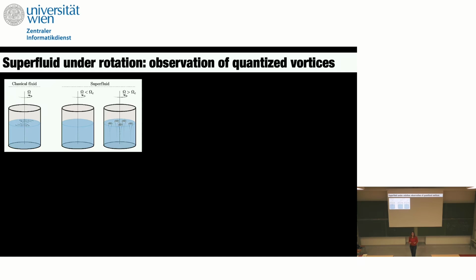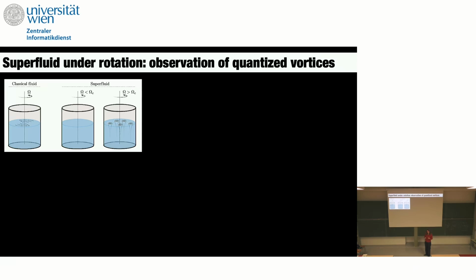It doesn't want to have a macroscopic angular momentum. So at the beginning, despite the rotation, it is really not rotating with the container. But then if you increase the rotation frequency too much, the system is not anymore able to ignore your rotation.